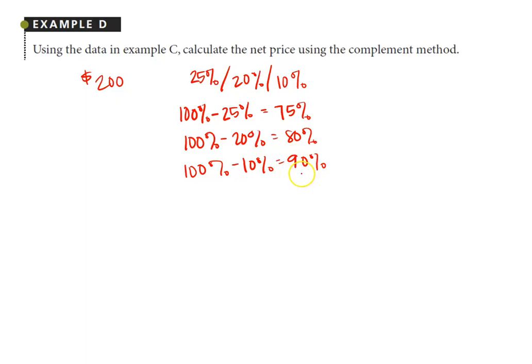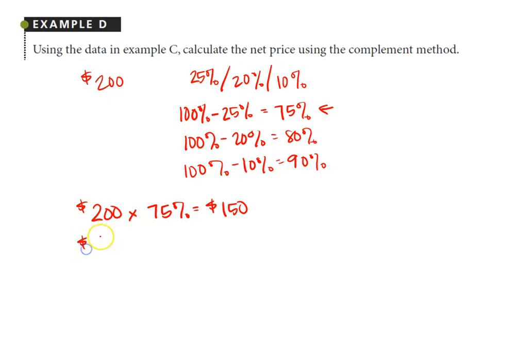Now that I have the complements, I'm going to go through those steps again on calculating the first discount. So I'm going to take our original list price, and I'm just going to multiply that by my first complement. So 200 times 75% gives me $150.